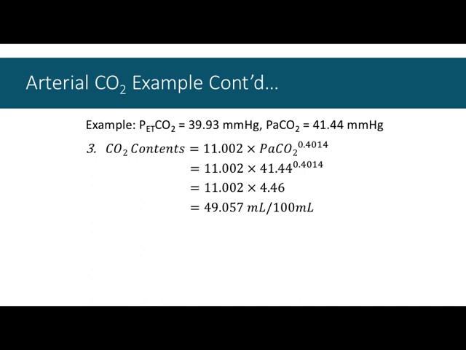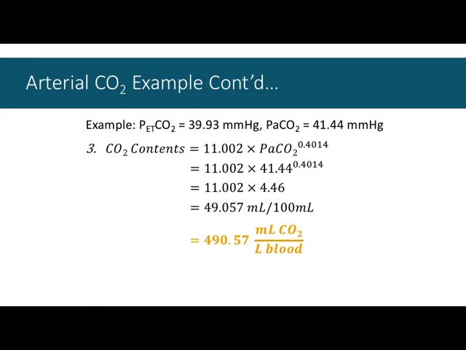Blood is in liters, so I'm correcting this right now. Instead of leaving it as mils per 100 mils of blood, I want to know how much is in 1 liter of blood. Simply multiply it by 10. There are 10 100 mil bins of blood in a liter. So 490 mils of CO2 per liter of blood.